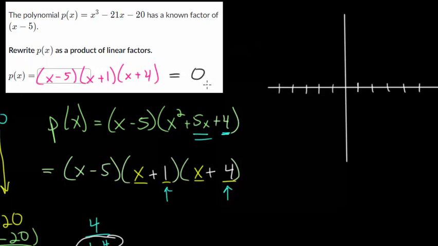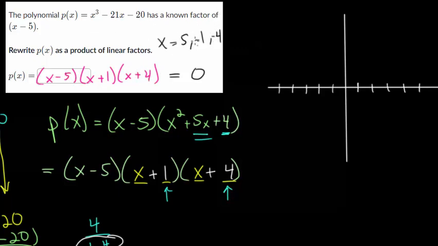And these are called the zeros of the polynomial, or the roots. And we can use our zero product property. You can see that when x is 5 or -1 or -4, the entire polynomial would be 0, since, for instance, if we put in 5, 5 minus 5 is 0, and 0 times 6 times 9 is still 0. 0 times anything is 0.